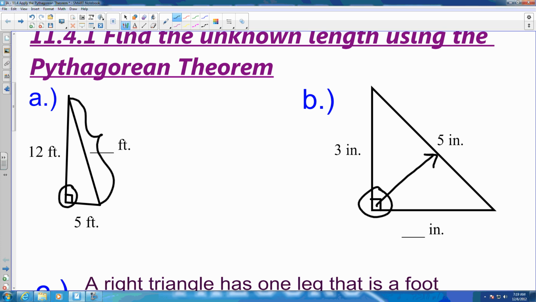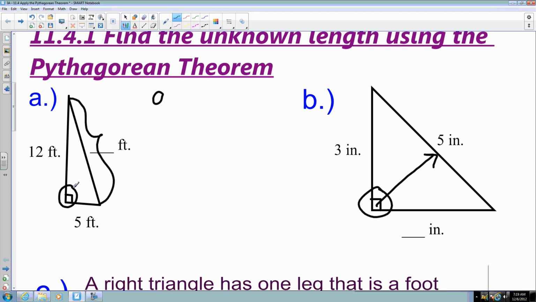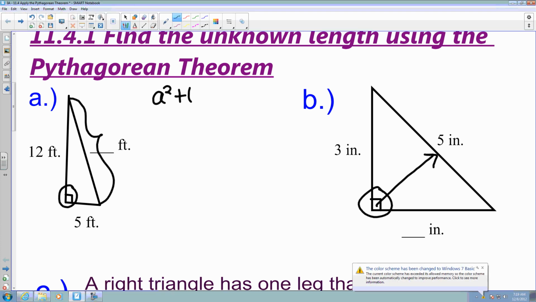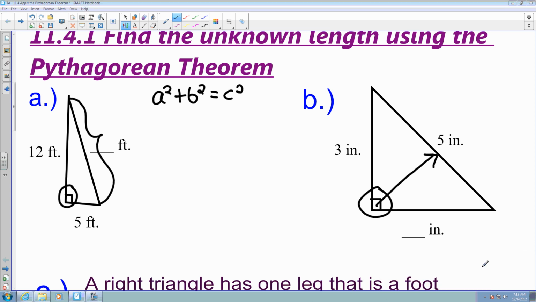We know the distance of our two legs, which is 12 feet and 5 feet. So by applying the Pythagorean theorem, which is A squared plus B squared equals C squared, we can then substitute in our numeric values and solve for the hypotenuse, which is always C squared.